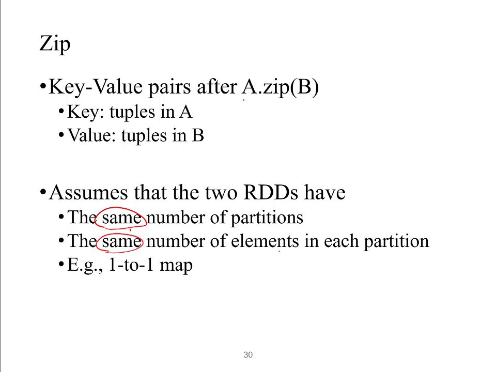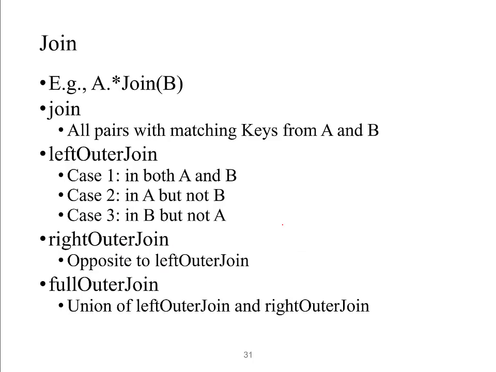We kind of zip A and B together. Right. So in order to zip A and B, please make sure that not only the number of elements would be the same, the number of partitions would be the same as well. This is for zip.